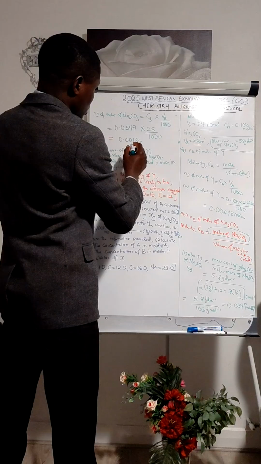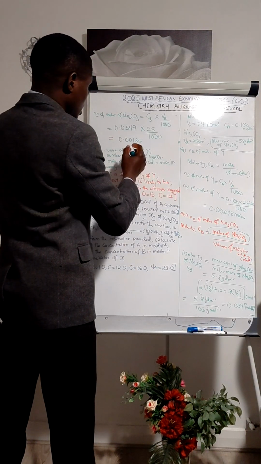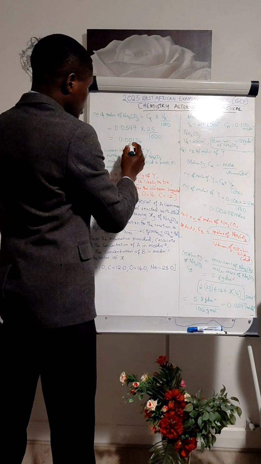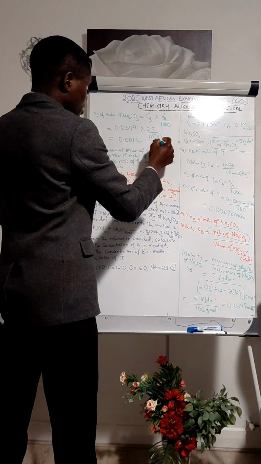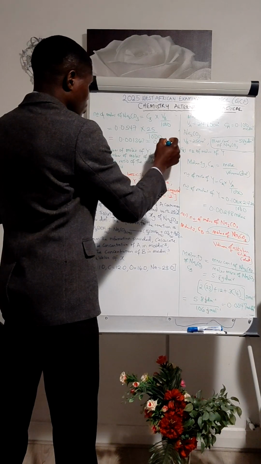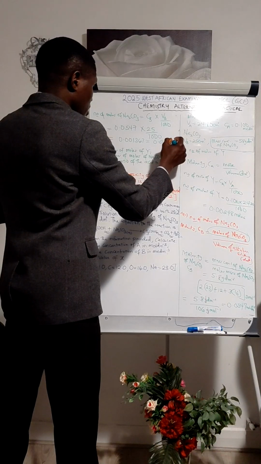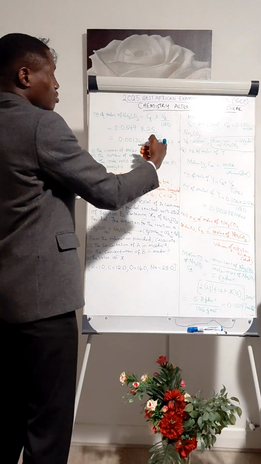4 decimal places is enough, but because we wanted to have a good answer, you can leave it like this and then do your approximation to be 0.00137, because we are going to be using this for subsequent questions.